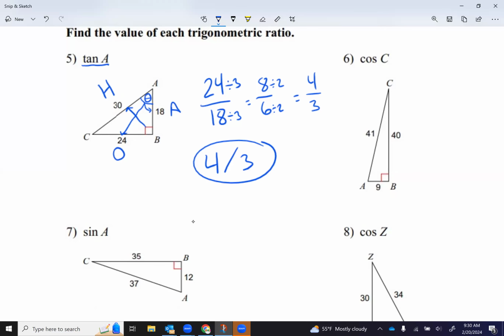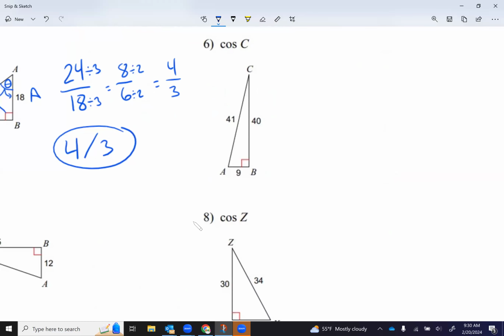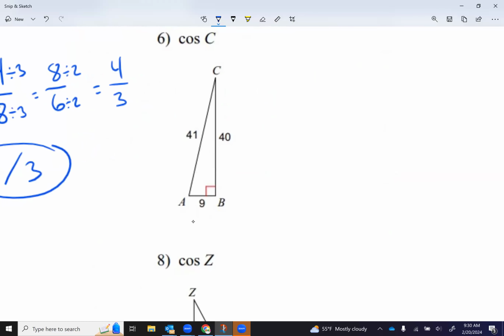Then let's take a look at question number 6. Let me label the three sides. I look for the 90-degree corner, and then farthest away, that's what I call the hypotenuse. I should have theta somewhere, so I look at the question: cosine of C. So at the corner C, that's where I'm going to write my theta. Farthest away from theta, that's what I call the opposite.